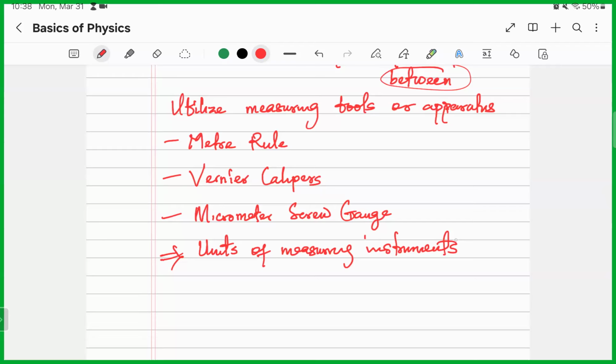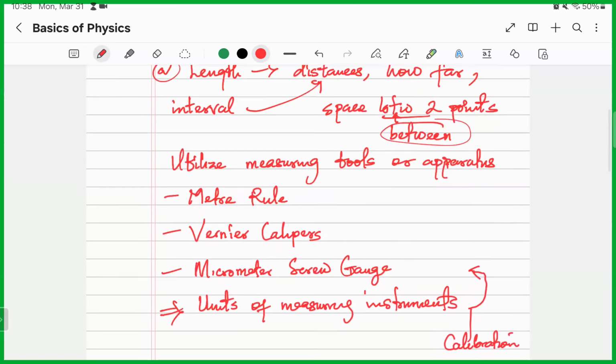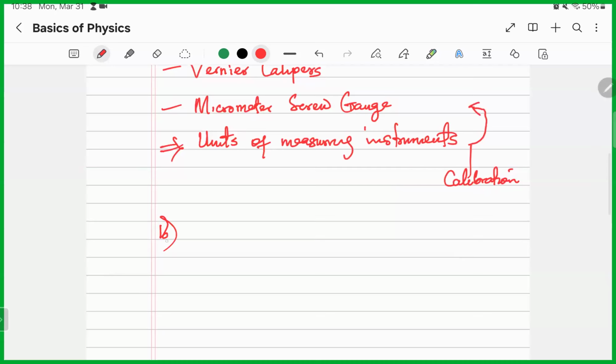They have their units of calibration. Let me put it there, calibration: the units in which they are calibrated. So straight up, I won't waste time. We'll go to the next terminology.